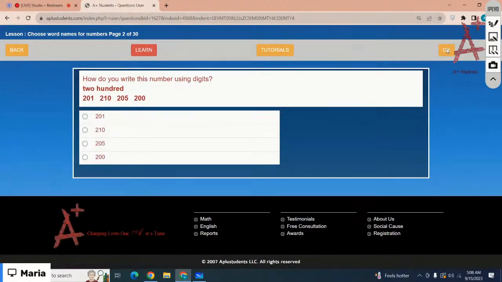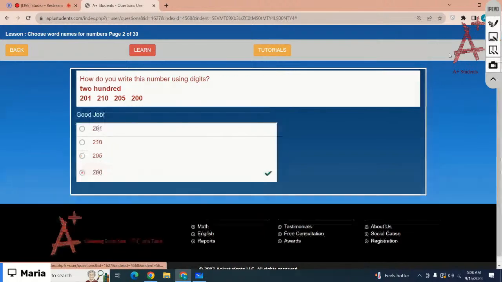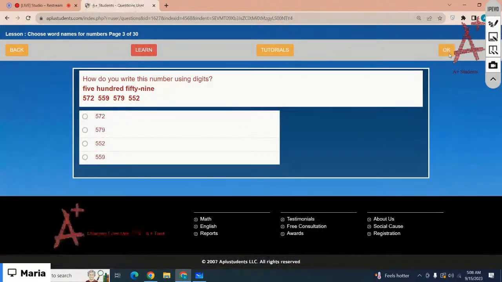How do you write this number using digits? 200. How do you write 200 in the digit form? It would be the fourth option. Very good. That would be 200. Very good. How do you write this number using digits? 559.